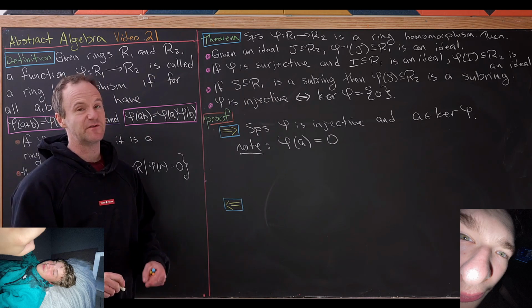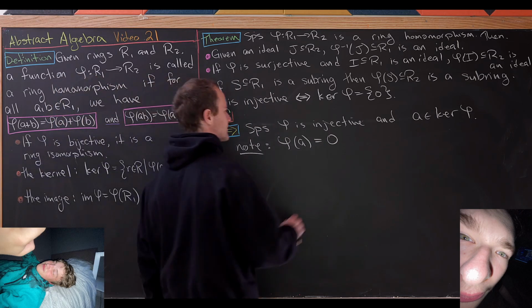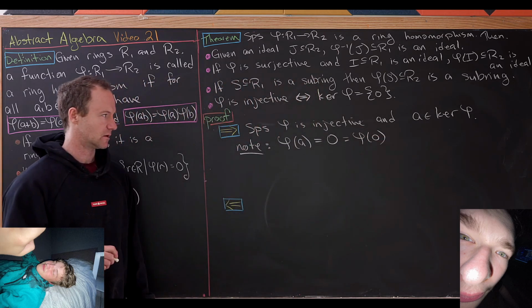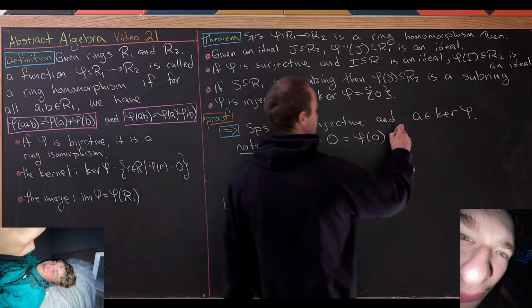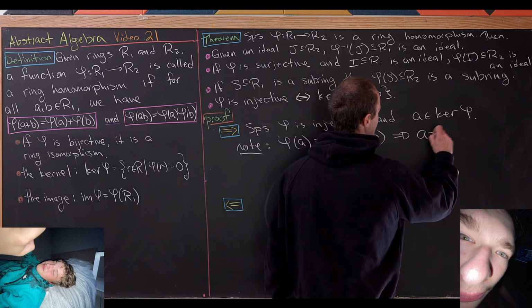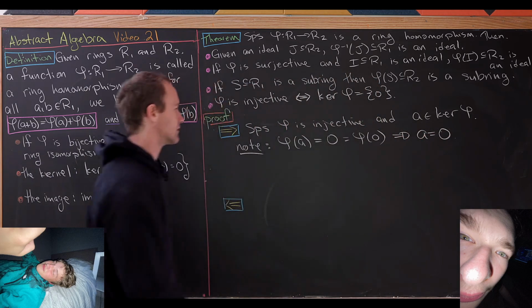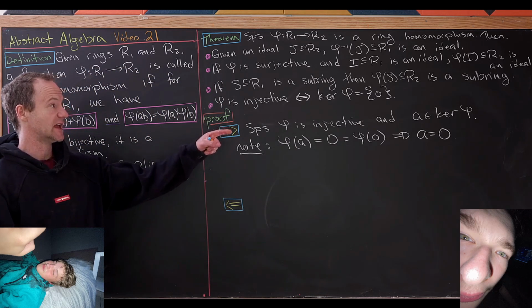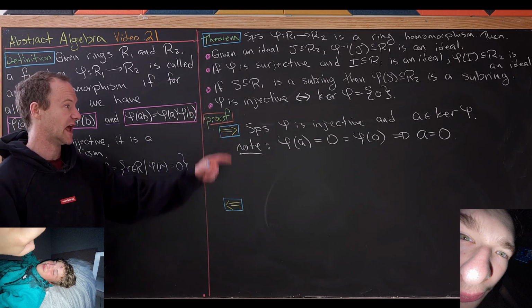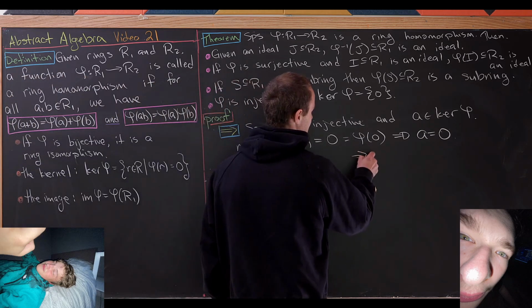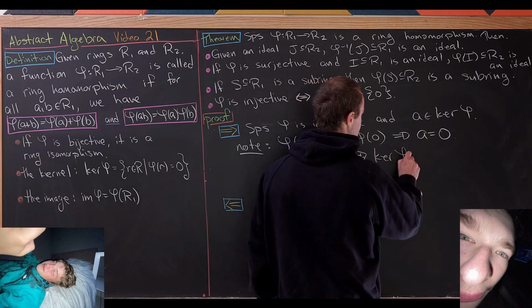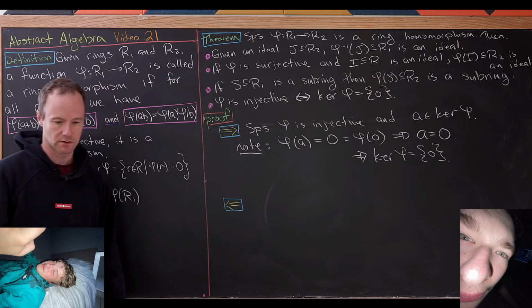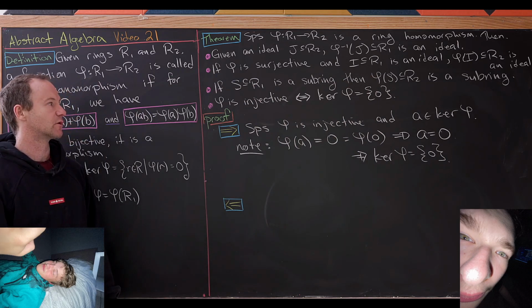But since phi is a group homomorphism with respect to addition, this is the same thing as phi of 0. By injectivity, we know that A must be equal to 0. So that's really all we had to do. Since A being in the kernel implied that A was equal to 0, that tells us that 0 is the only thing that can be in the kernel. Of course, 0 is always in the kernel. Now let's move on to the reverse direction.